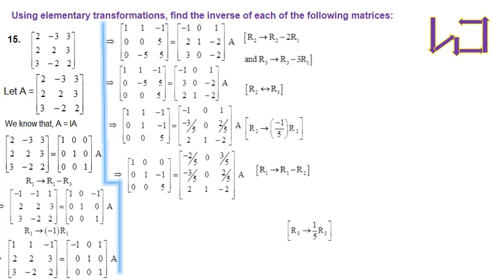Next operation I am going, R3 changes to 1 by 5 R3, meaning I have to make this one a 1. So here a little bit of deviation we have made from this road map, because as you know that here 1 here 1, so it is easy to make this 0. If we are making this 0, other calculation will be easy for us.